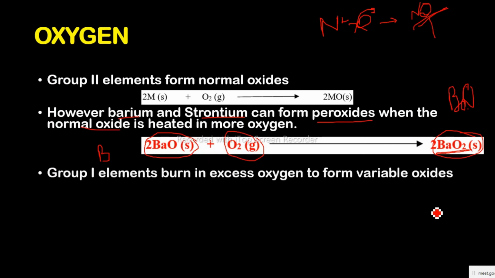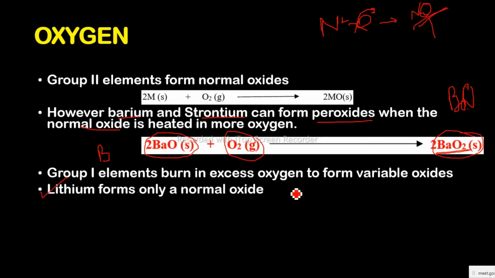Now, with group 1 elements, their reaction with oxygen varies, basing on where you are, whether in period 2, then period 3, then period 4 downwards. Lithium will form a normal oxide.